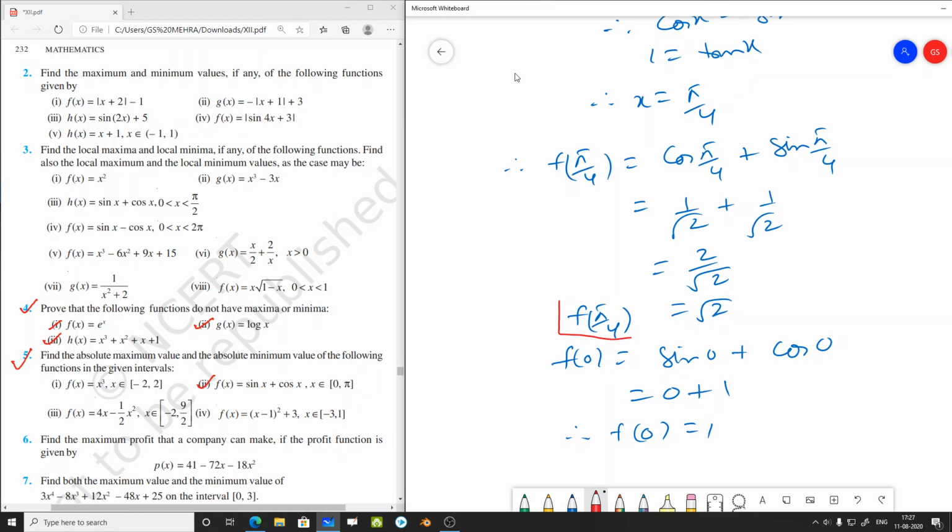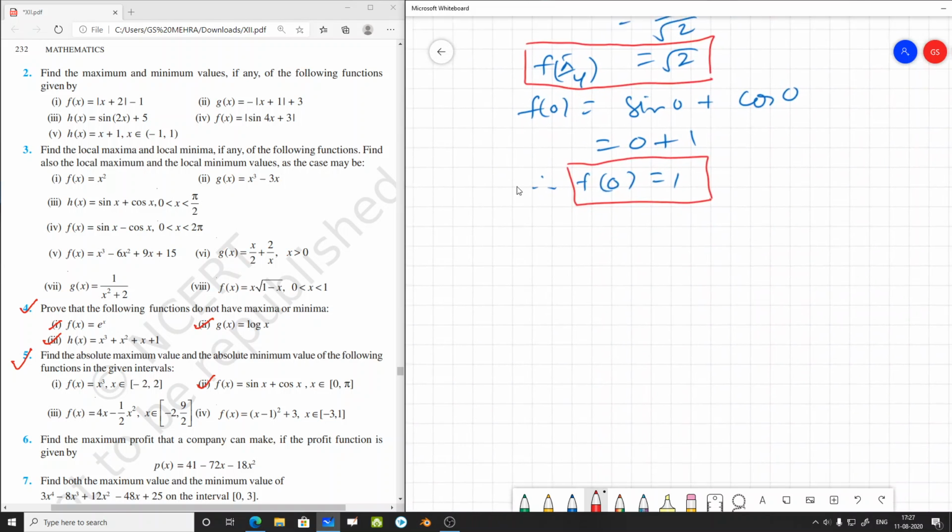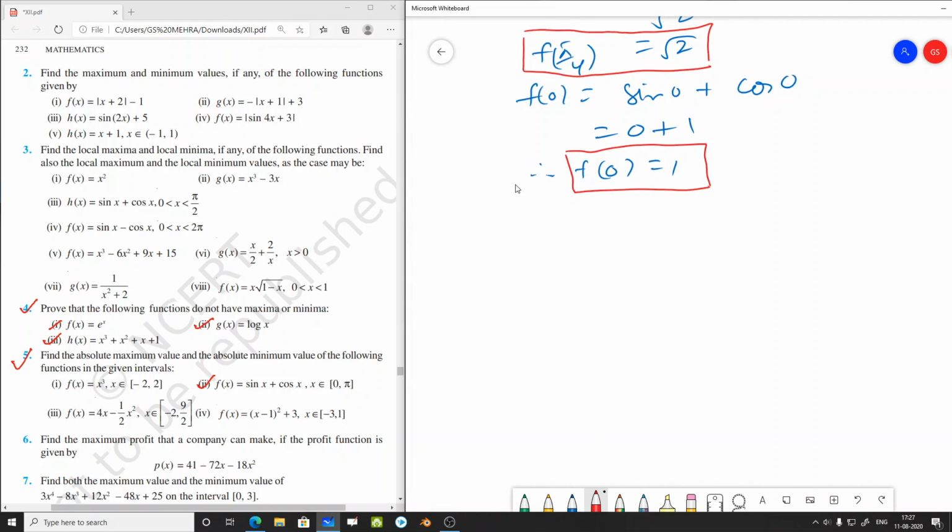So we have got the value at pi by 4, also the value at 0. Now let us find the value of f(x) at pi. f(pi) equal to sin pi plus cos pi. Sin pi is 0, cos pi is minus 1. So therefore f(pi) equal to minus 1.